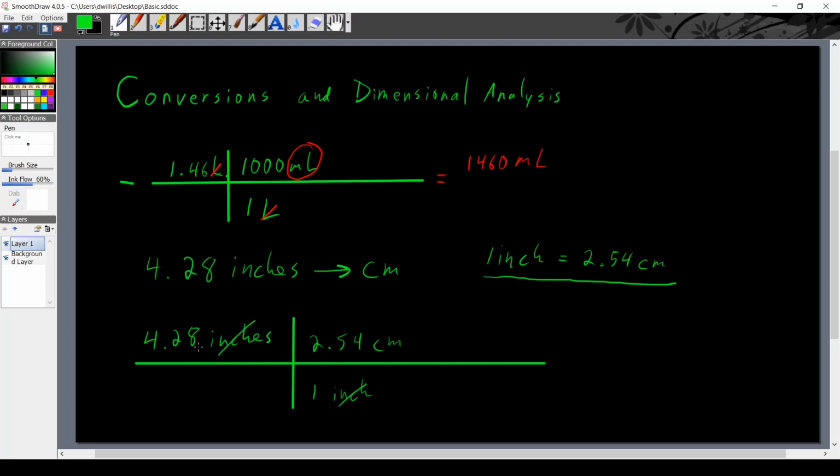And then I would take 4.28, multiply by 2.54, and that would give me that number, and centimeters are my remaining unit. So that would actually give me my number of centimeters. All right, so just basic and straightforward, very similar to what we did yesterday, and just a little bit of quick review. Now, what if, so let's go the other way.